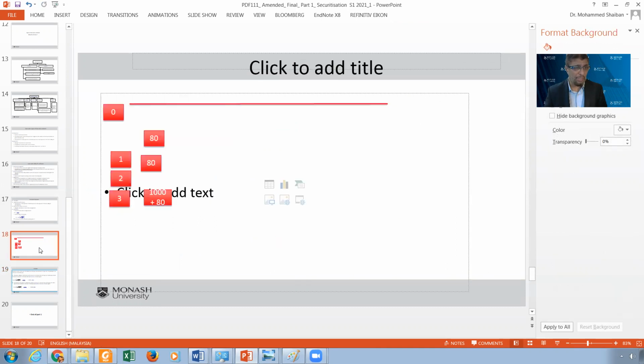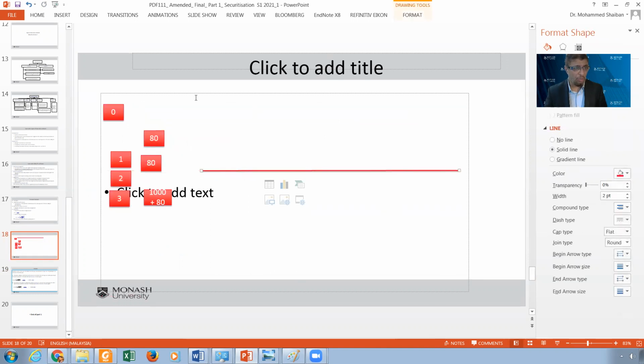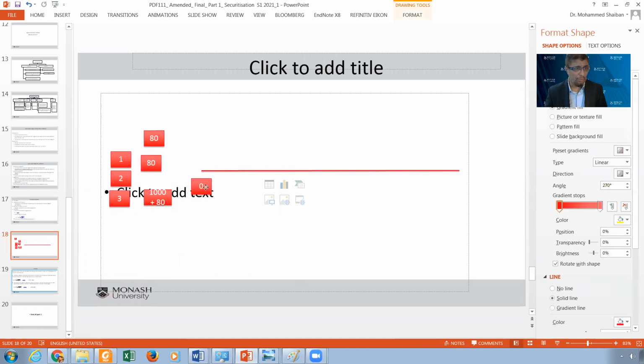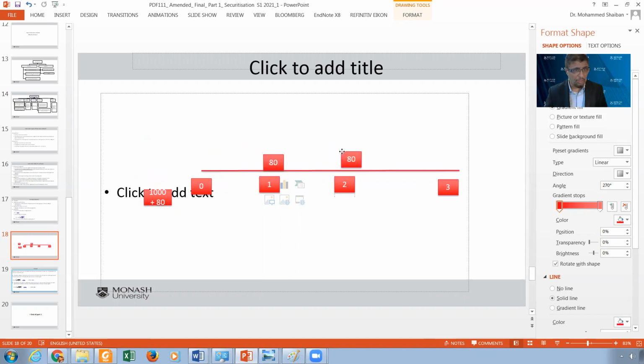If you want to present this in a graph, just to remind you of the cash flow: this is time 0, this is year 1, year 2, and year 3. You are going to receive 80 in year 1, 80 in year 2, which is the interest, and in the 3rd year you receive your principal plus the 80.